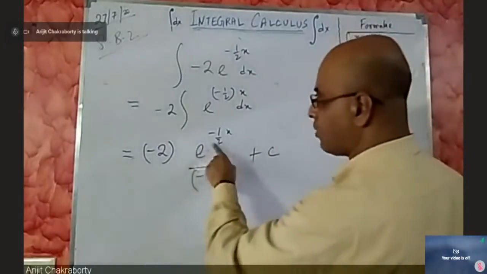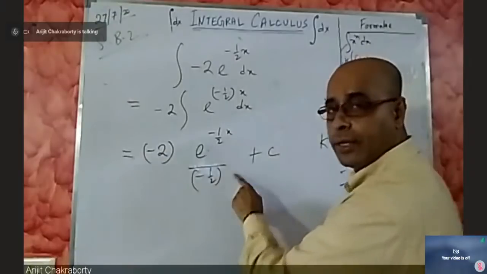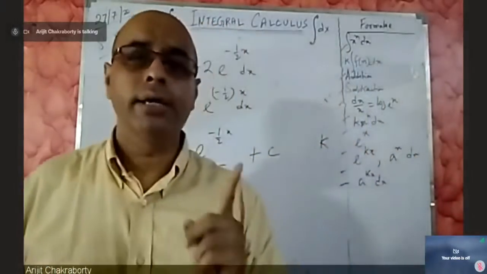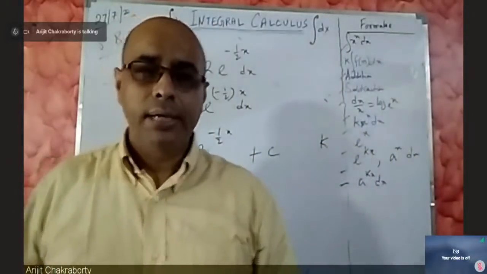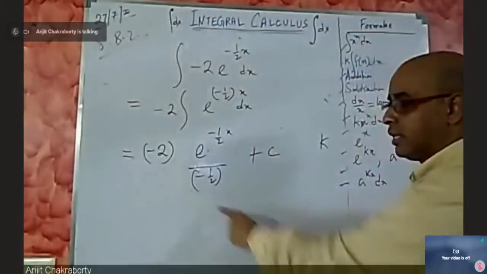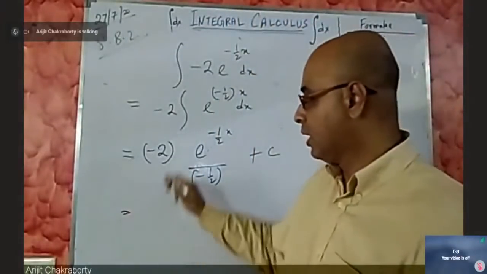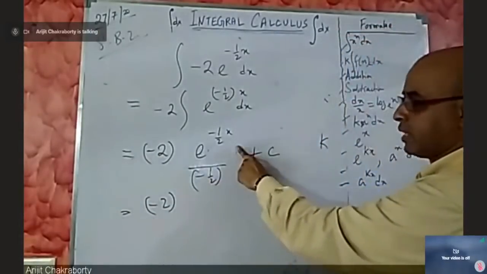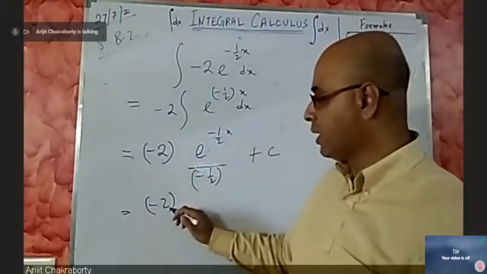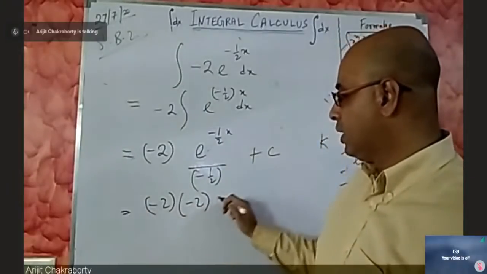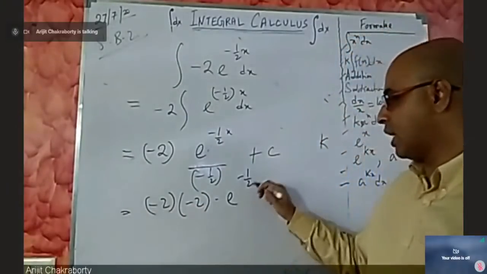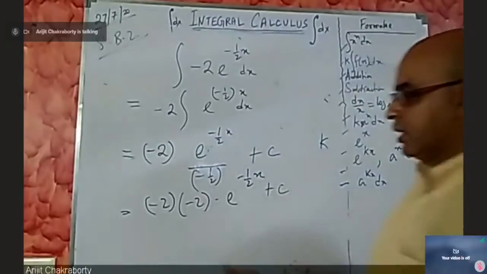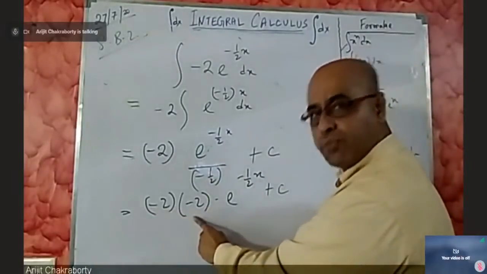So e to the power kx by k, right? Therefore when you simplify this further, you will be getting minus 2 as it is, and minus half in the denominator becomes minus 2 in the numerator, into e to the power minus half x plus c. So minus 2 into minus 2 gives you 4.